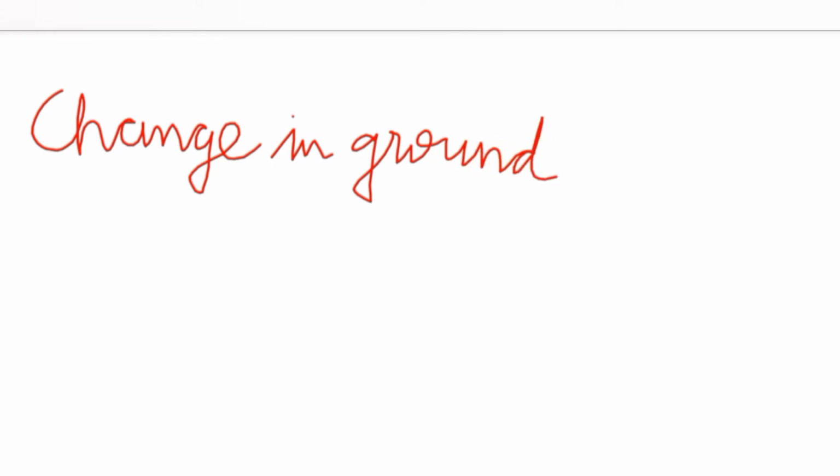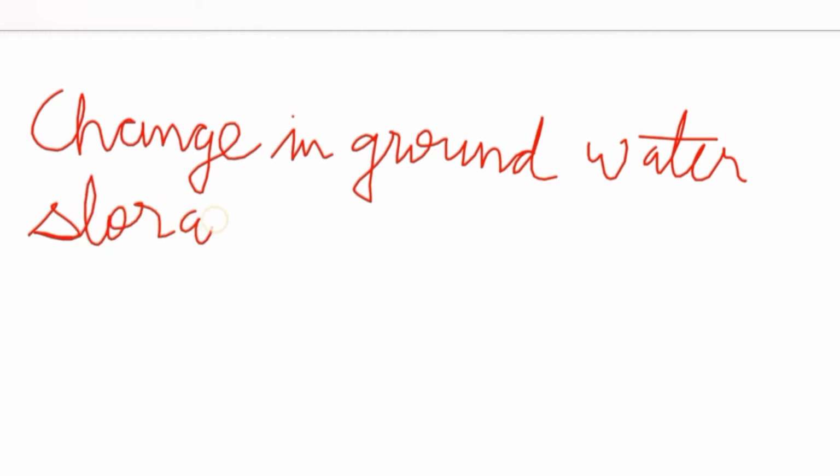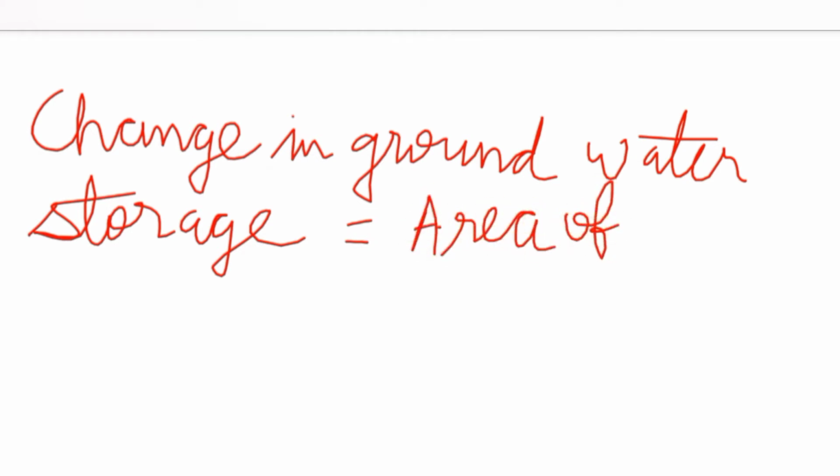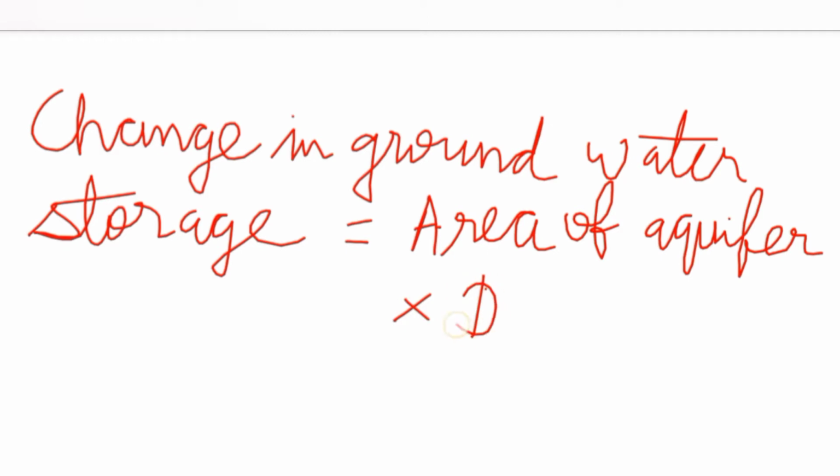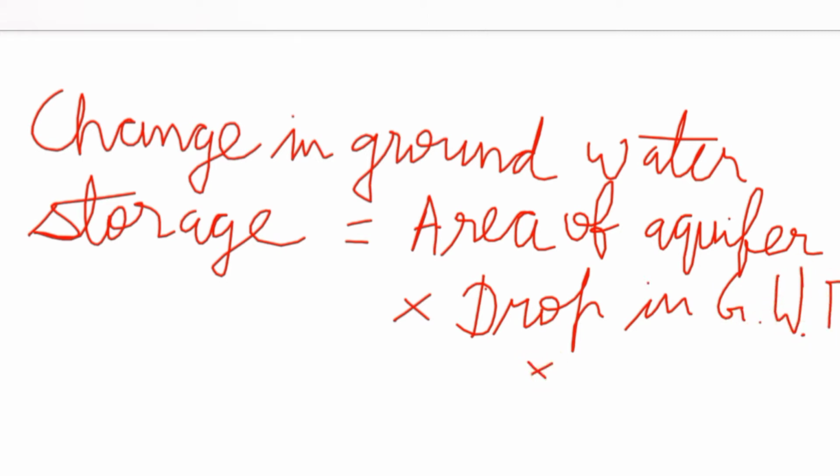Change in groundwater storage is equal to area of aquifer into drop in groundwater table into specific yield. We have all the values, so I'll just put it in this equation.